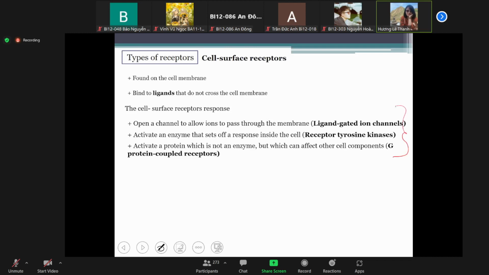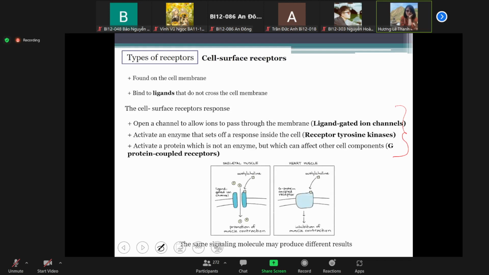So after the ligands bind, the receptor can respond in several ways: allow ions to pass through the membrane, activate an enzyme, or activate a protein that is not an enzyme and can affect other cell components. Here you can see that the same signaling molecule may produce different results.